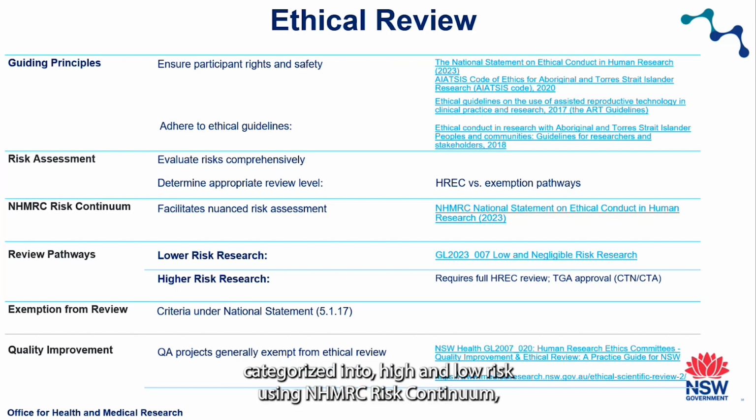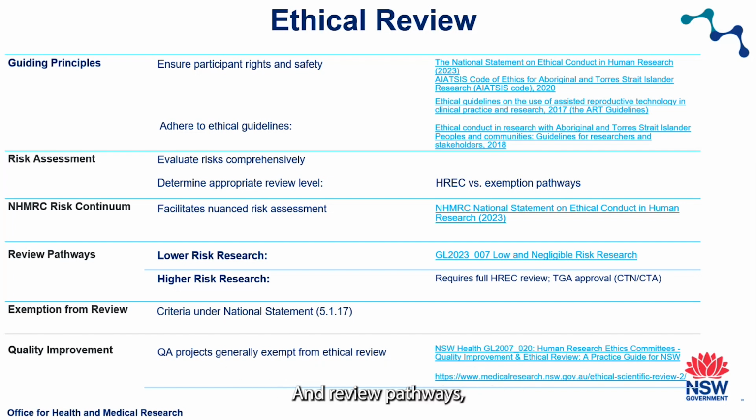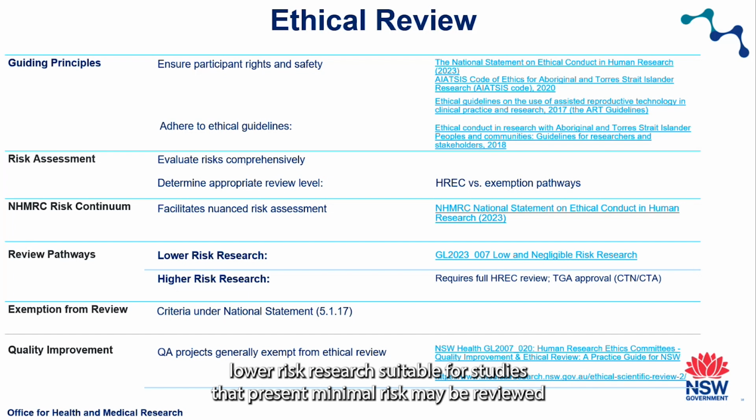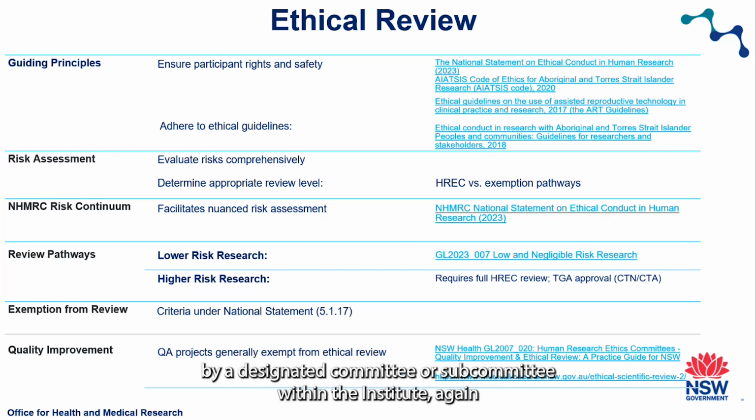Research can be categorized into high and low risk using an NHMRC risk continuum, which supports a nuanced assessment of research activities. Review pathways: lower risk research, suitable for studies that present minimal risk, may be reviewed by a designated committee or subcommittee within the institute, again adhering to New South Wales Health guidelines.